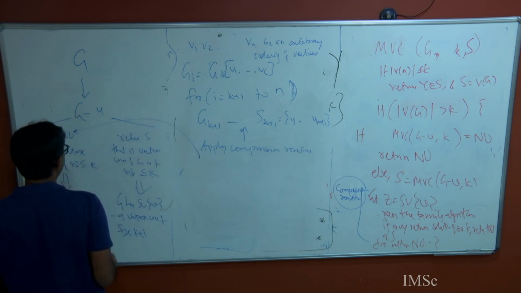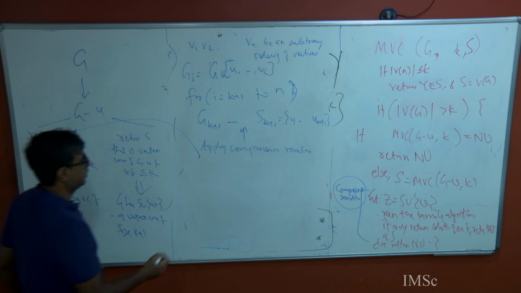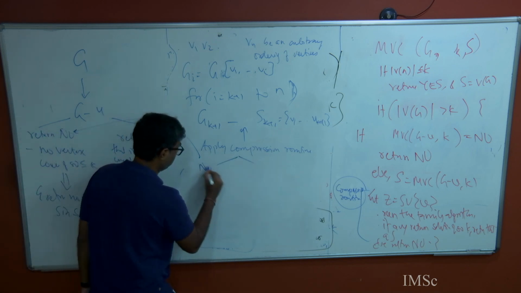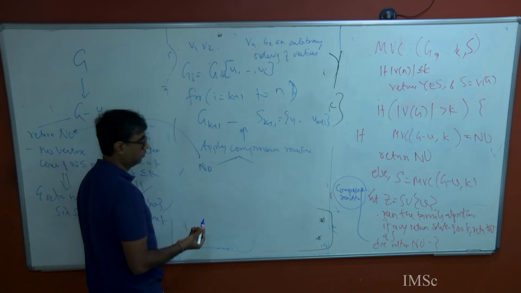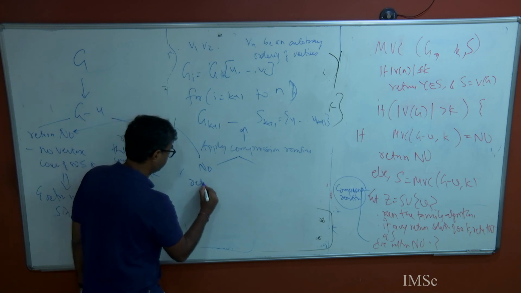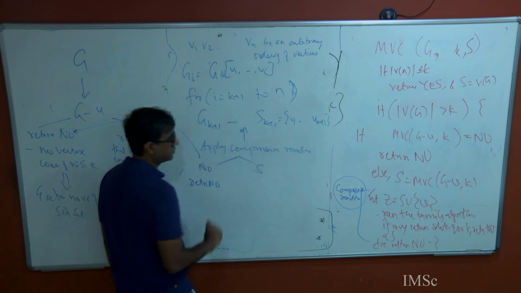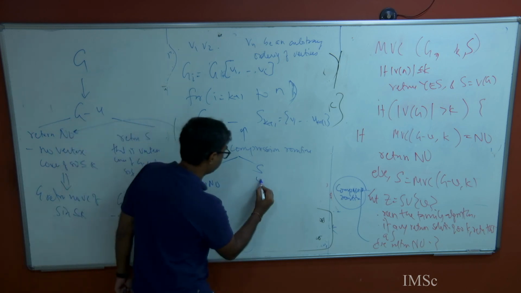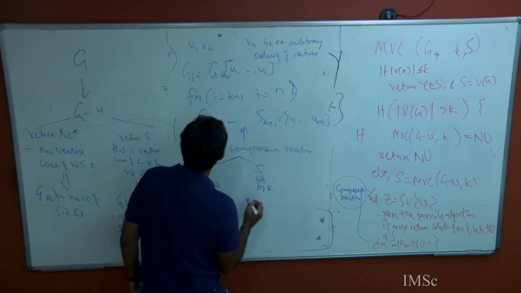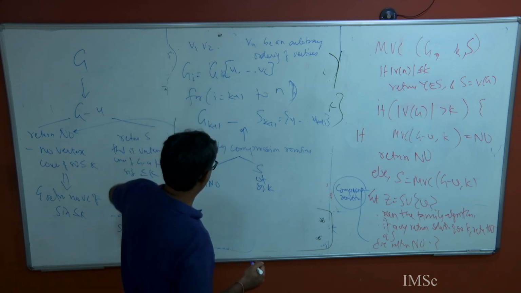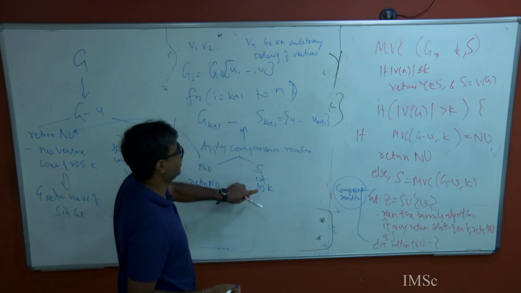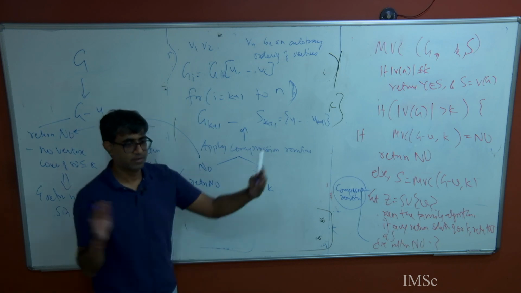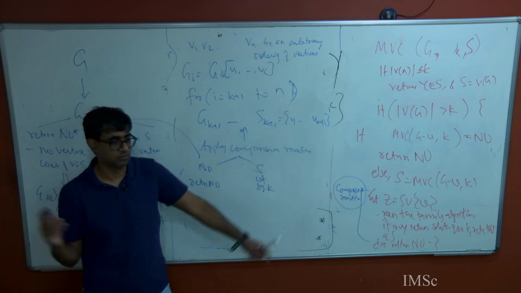Either we will return no, and then you also return no, or it returns some S of size at most k. So in the next stage, you have S of size k, you will add the next vertex and then you have another S sub k plus 2.